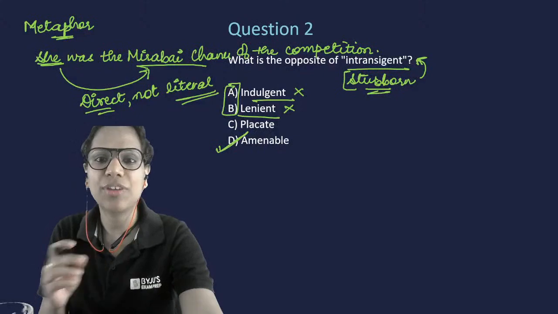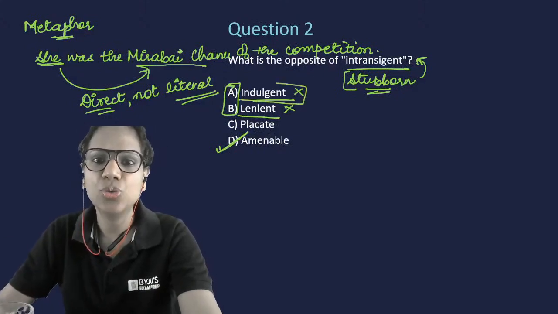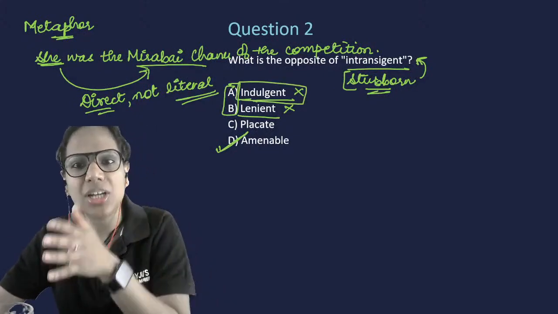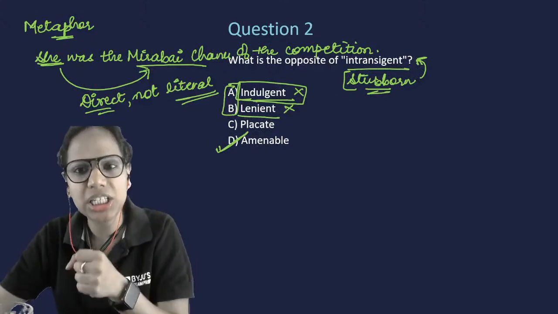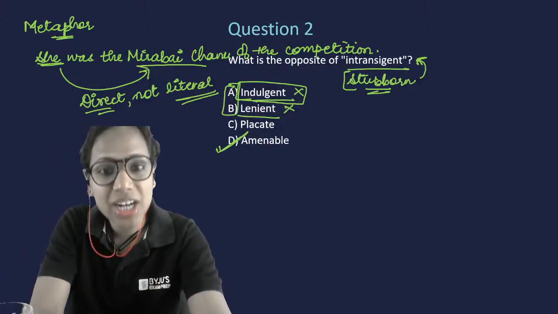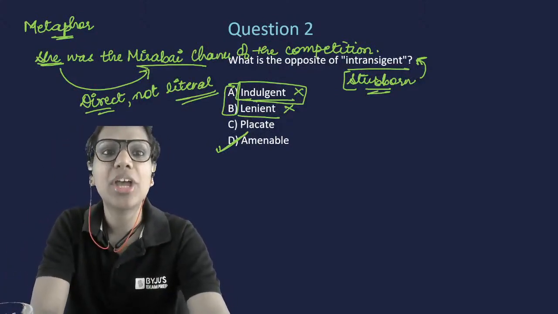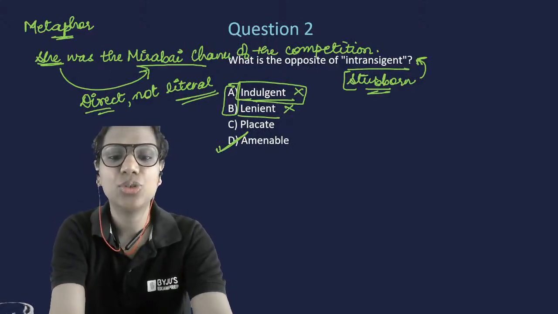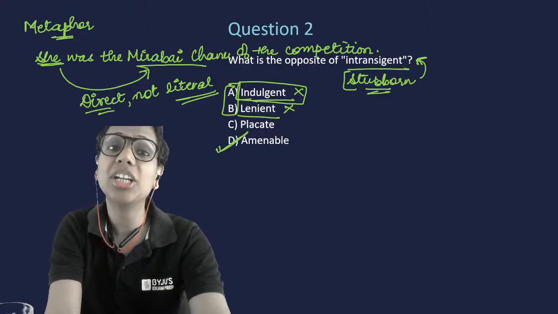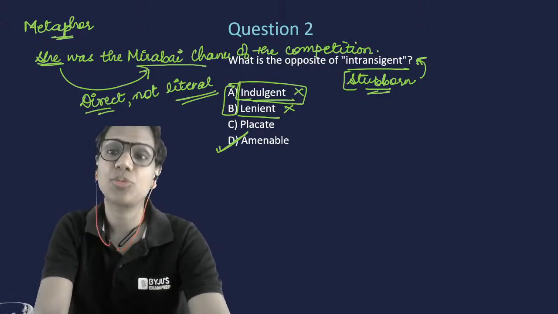It's about the fact that, are you stubborn? Are you refusing to agree? Or are you trying to cooperate? Right? So, amenable is something where you are trying to cooperate. And that's why that is our answer and not indulgent. So indulgent was a close option here.